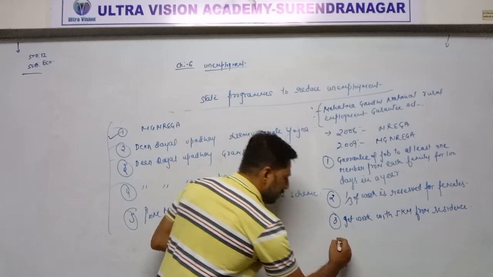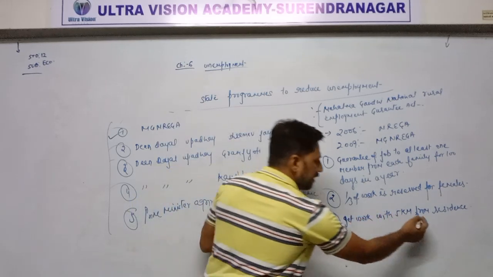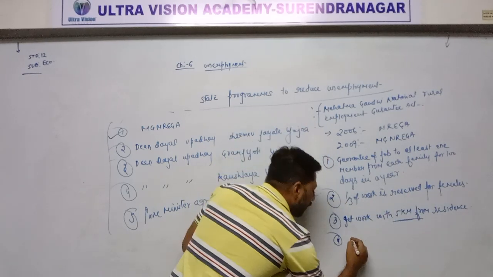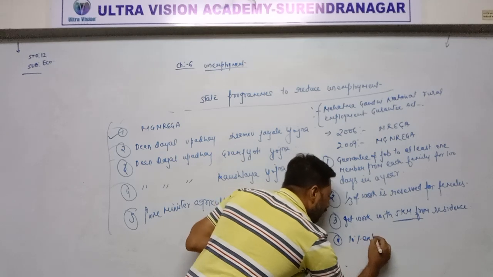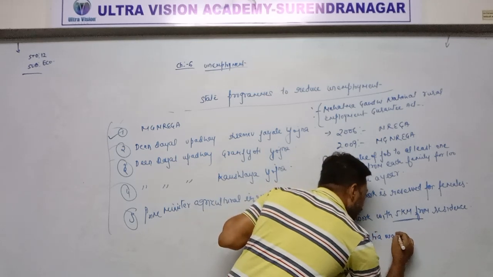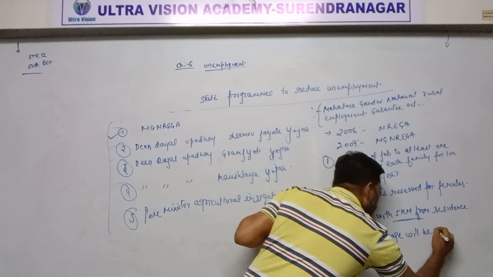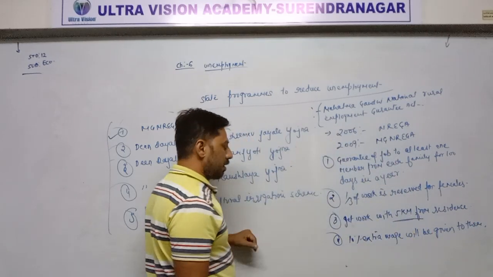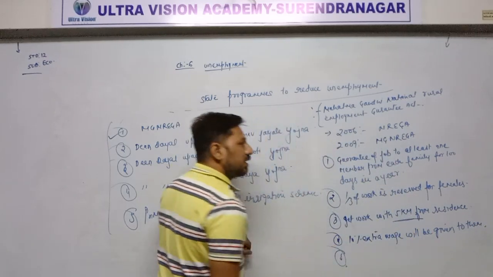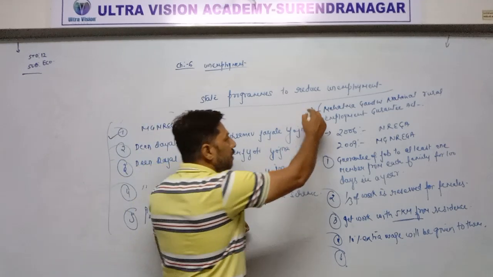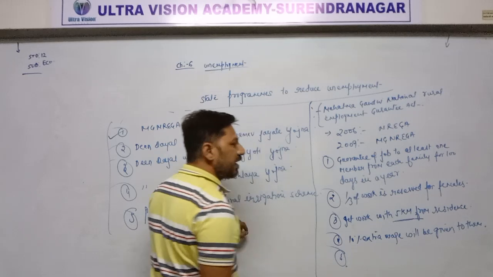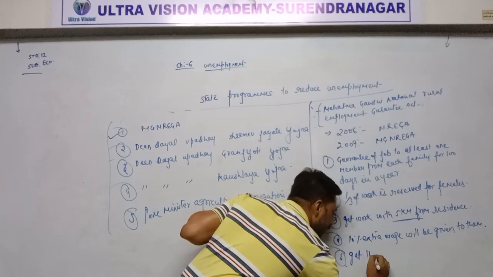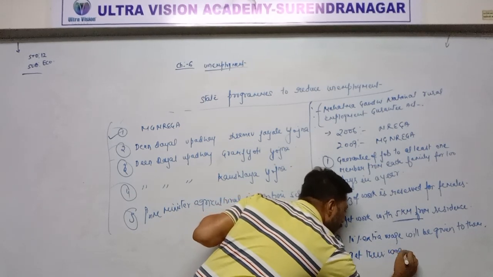And if by chance they are getting work beyond this distance, more than 5 kilometers, then 10% extra wage will be given to them. Besides this, this program is also giving a guarantee that workers will get their wage within 7 days.